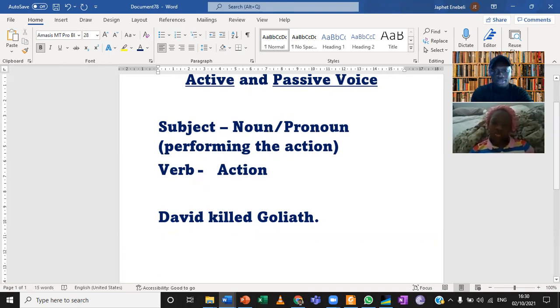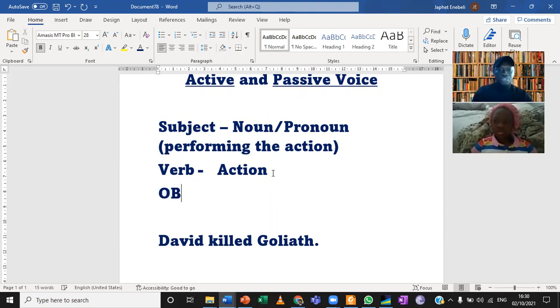What about Goliath? Goliath is a subject too. No, Goliath is... what's it called? The object. No, Goliath is the object. So that's what I want to explain to you. Objects.